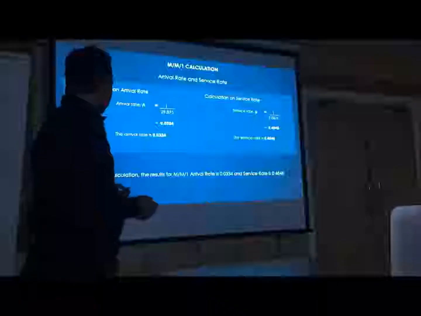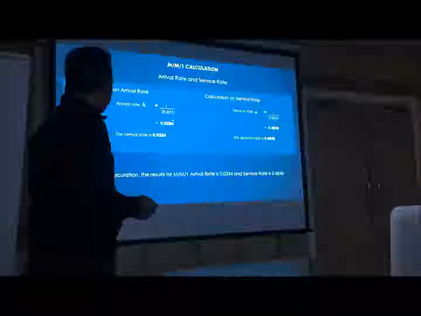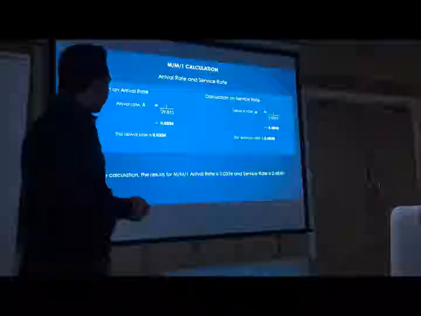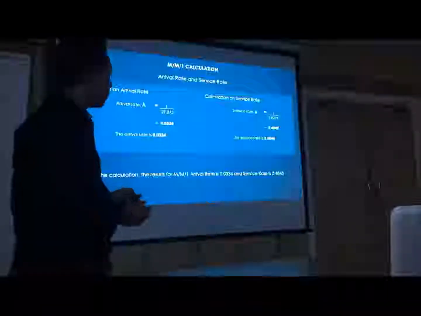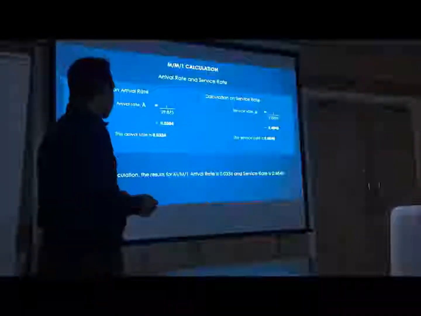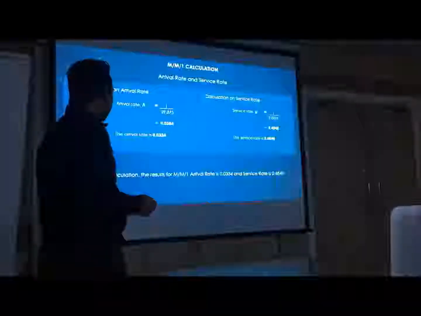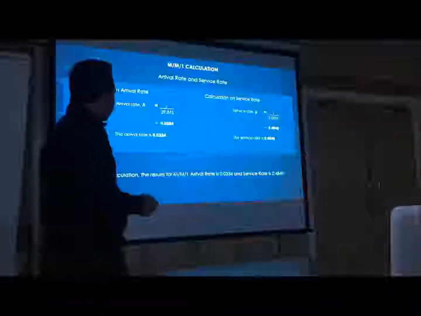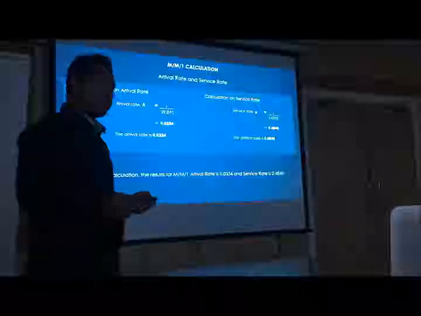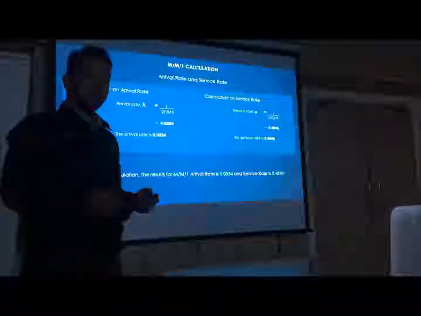Okay, this is the calculation of the arrival rate and service rate. This figure we get from the total numbers of the time, which is 39.875, actually the mean inter-arrival.